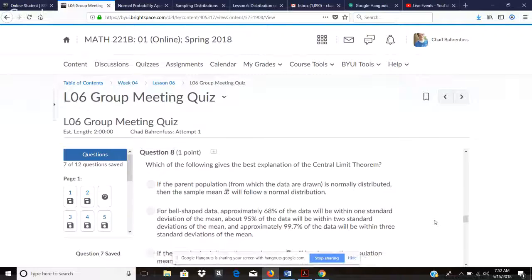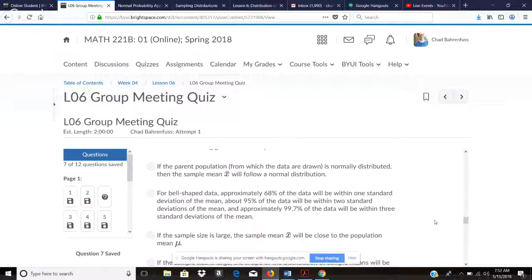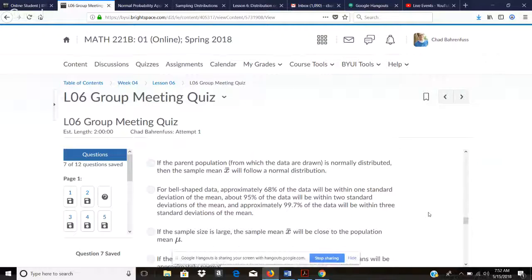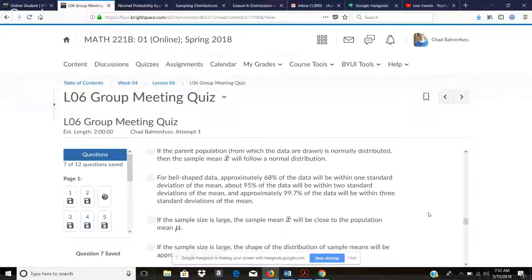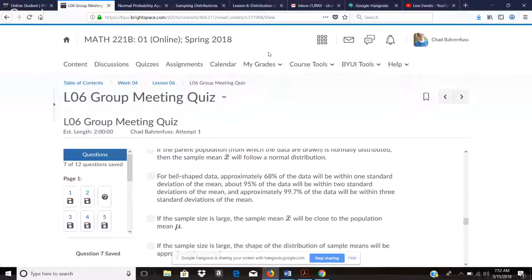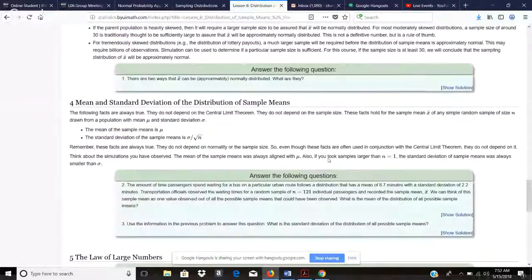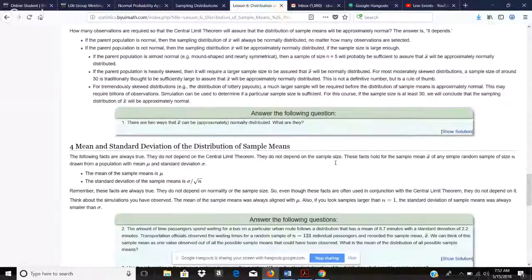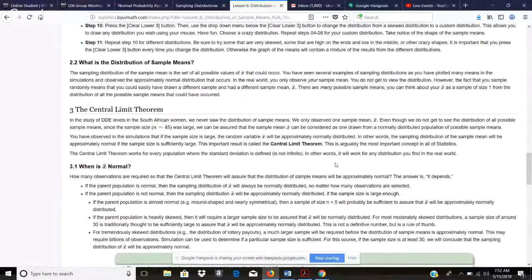So, which of the following gives the best explanation of the central limit theorem? If the parent population from which data are drawn is normally distributed, the sample mean... So that one is in the book. If you go to the very end, on the definition of the central limit theorem, it's right here, in a little square box.